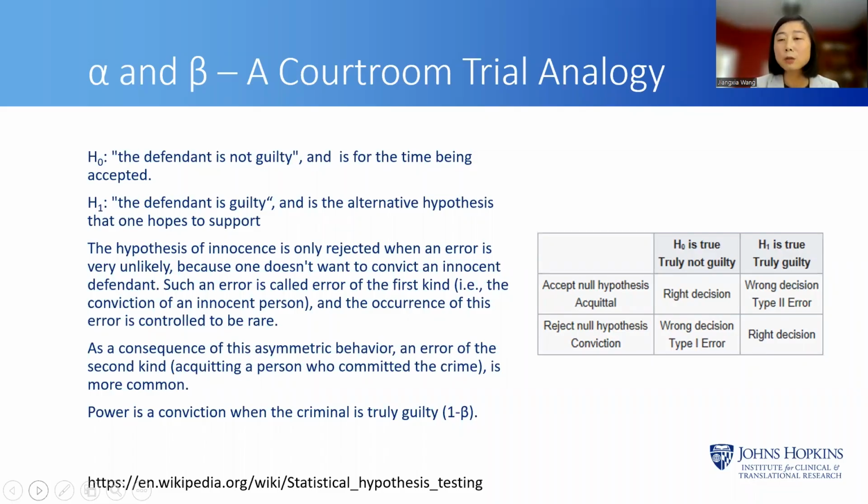And then as a consequence of this asymmetric behavior, the error of the other kind is more common, which is acquitting a person when that person actually committed the crime. We call it a type 2 error. And then the power is conviction when the criminal is truly guilty, which is 1 minus beta.